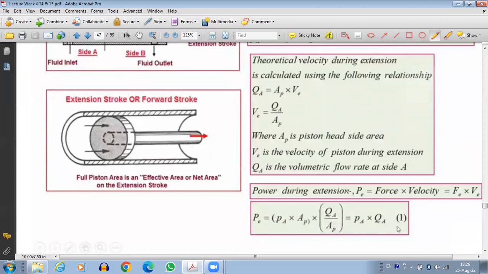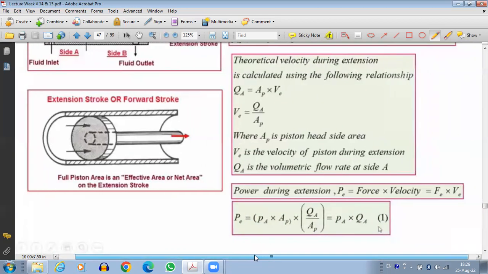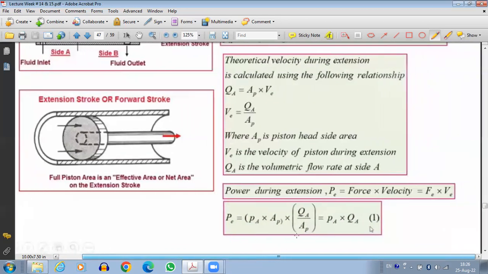Then the next thing we need to find out is the power during extension. How much is the power during extension? So power is basically force into velocity, so force of extension multiplied by the velocity of extension. Now force of extension can be written as pressure multiplied by area. This is the force of extension, and the velocity by the formula Q equals A V will be Q upon A. Now AP will cancel.